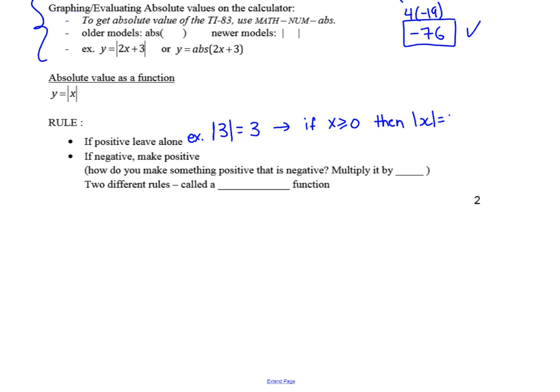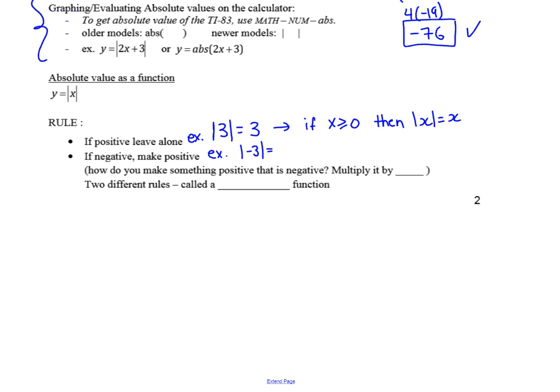No, you wouldn't need it. It equals x, right? So if it's a positive number, we can just leave it alone. We can get rid of the absolute value brackets. They're not needed. If it's a negative, so for example, absolute value of negative 3, what would we want to do to that? Make it positive.